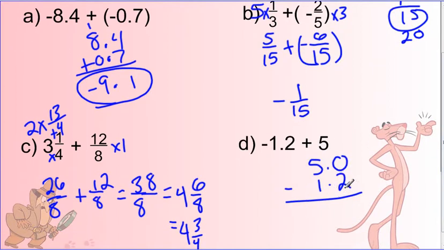To do my subtraction, I would have to borrow, because I can't take 2 from 0, so that goes down to a 4. He goes to a 10, which makes this an 8 point, and 4 minus 1 is 3. So I've got 3.8 now. Sign. The bigger number is positive, answer's positive. So I got a positive 3.8.